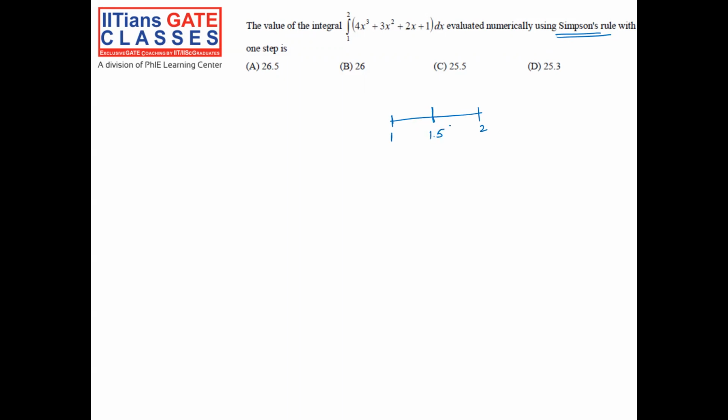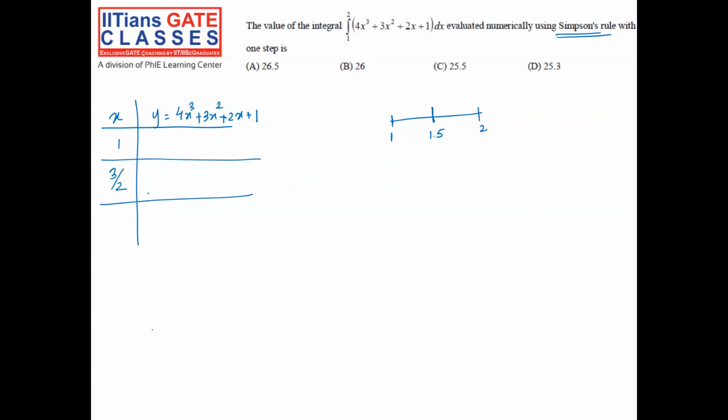1.5. So we'll create a table of x and the given function y, which is 4x cubed plus 3x squared plus 2x plus 1. 1.5 is 3 by 2, and x is 2.